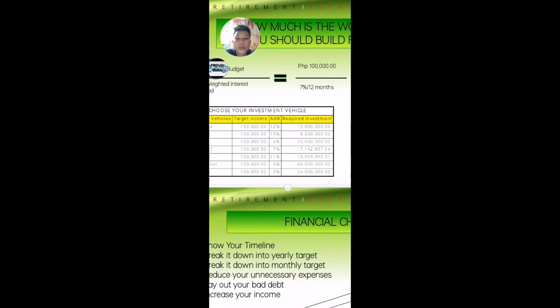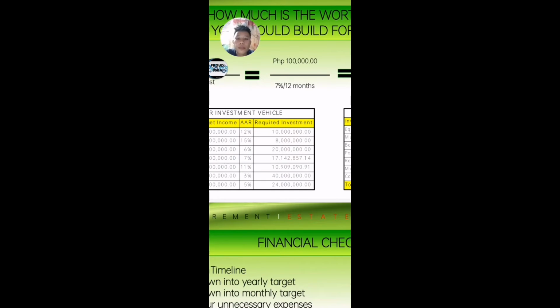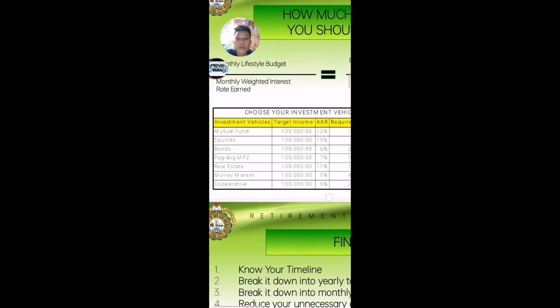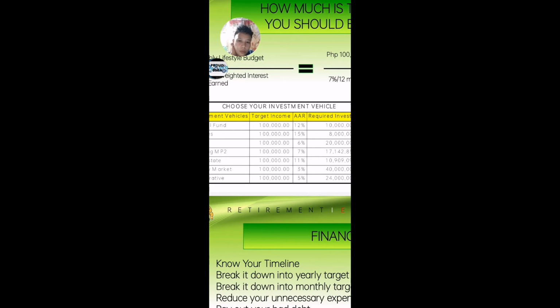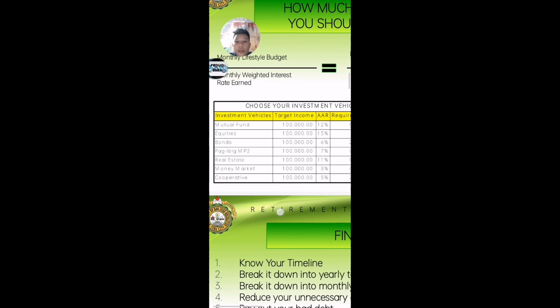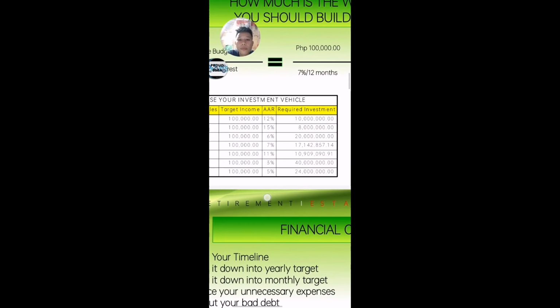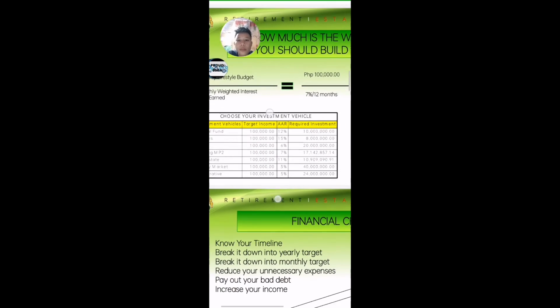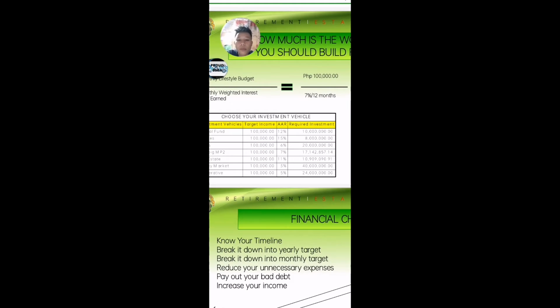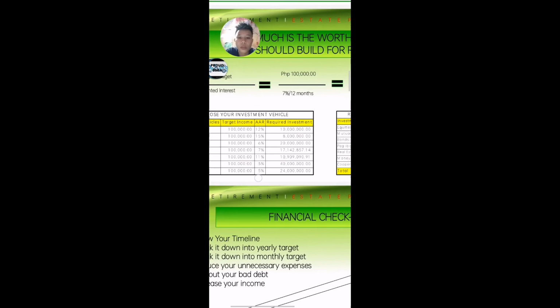Then for equities, 100,000, and the AER is 15%. So 100,000 divided by 15%, then times 12, is equal to 8 million.